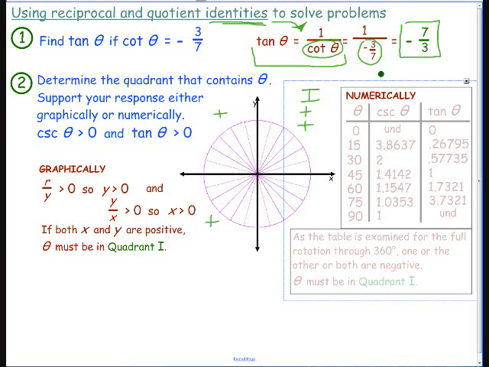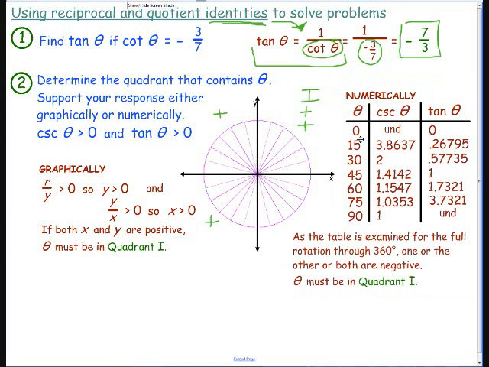The other way we can think about it is numerically. We can go through quadrant 1 and see what the values are for each of these. And what do we notice? As we look at this through the first quadrant, we see that they are both positive, which corresponds to this.